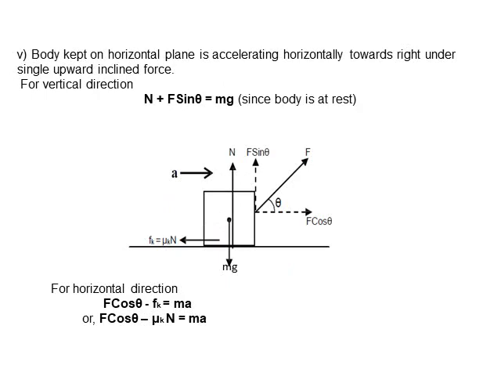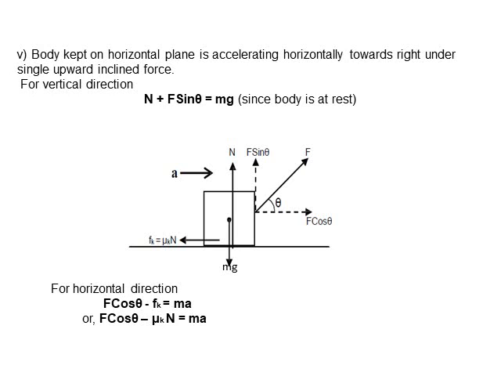In this case, the body kept on horizontal plane is accelerating horizontally towards right under a single upward inclined force, capital F. If you resolve this force, you will get two components, F cos theta along the horizontal direction and F sin theta along the vertical direction. Now the two forces, capital N and F sin theta, are acting vertically upward and weight is vertically downward.